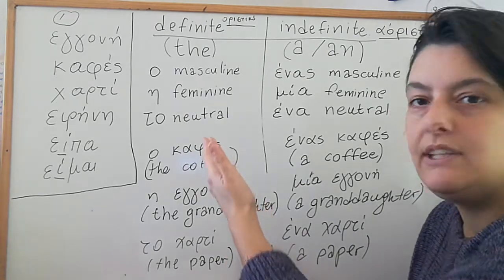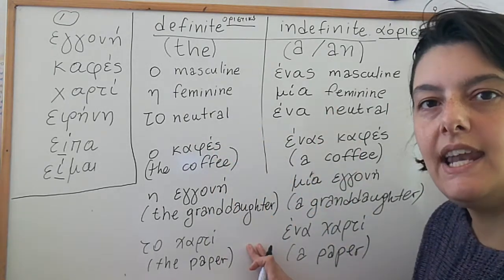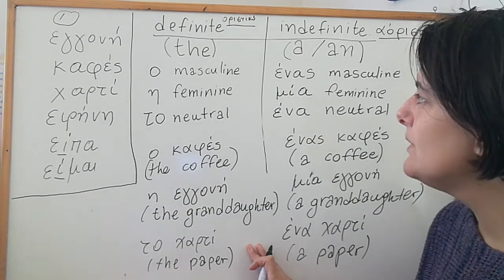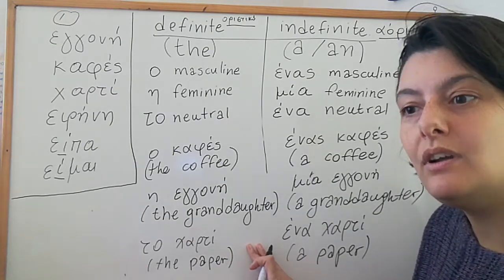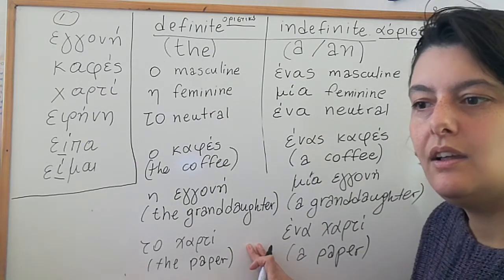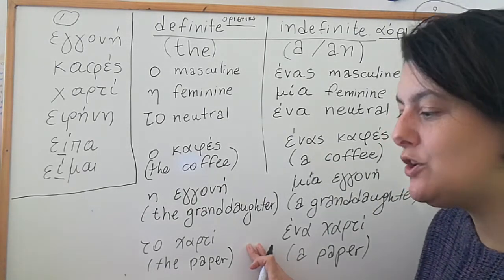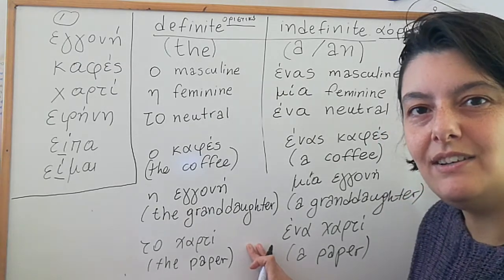So the definite is o, i, to, the indefinite is ένας, μία, ένα. And they go before the noun that we are talking about, the noun that we are using. All right, so that was today's lesson.